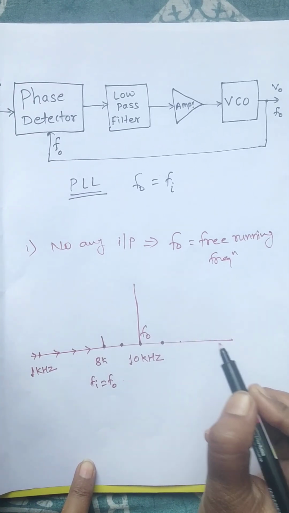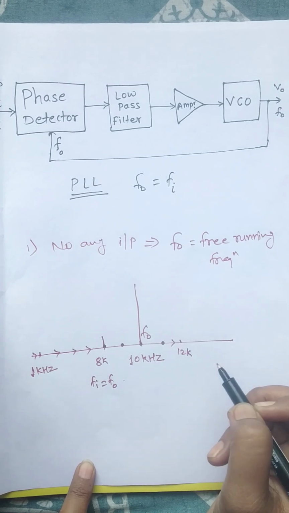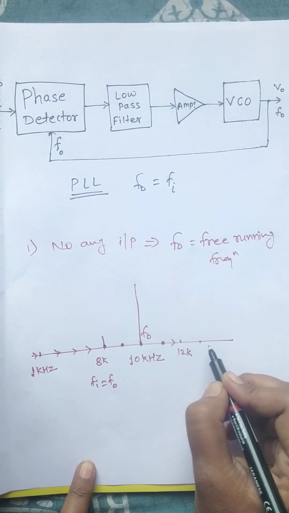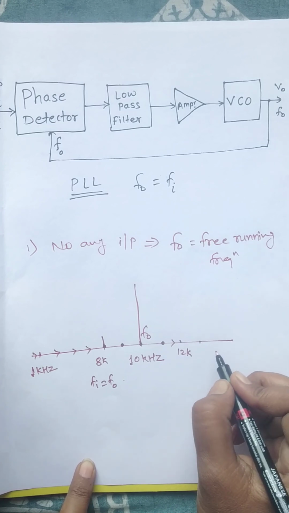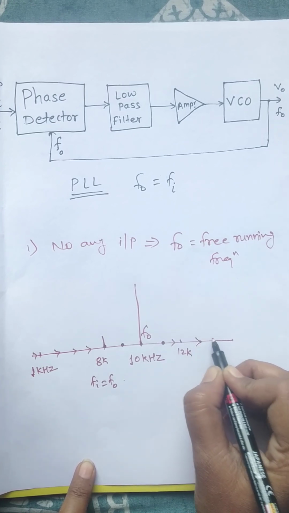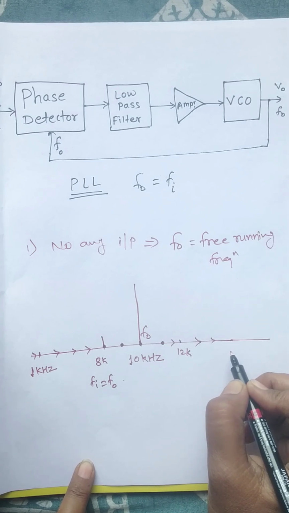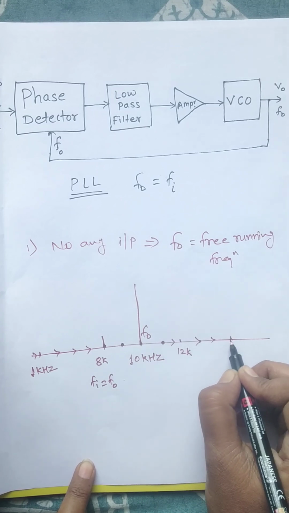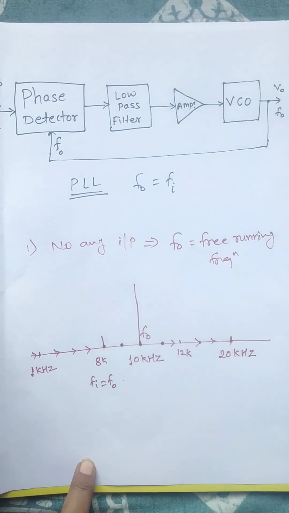Then the input signal is 12K, and the output signal is also 12 kilohertz. 13 kilohertz, 13 kilohertz. Both are running at the same frequency. Up to which frequency will the same thing happen? Suppose the system is set up to 20 kilohertz.